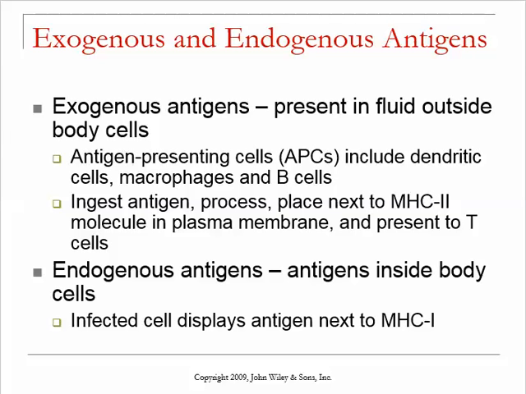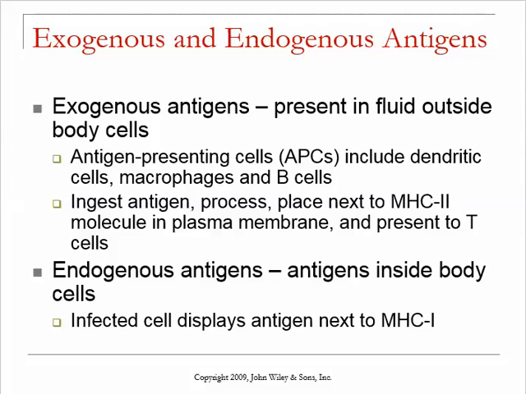So the exogenous antigens get eaten by macrophages or dendritic cells, or they will activate B cells, and in doing so, they will present a processed part of the antigen to the T cells.